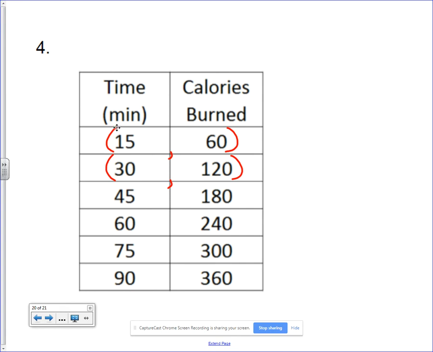Then I'm going to label it x1, y1, x2, y2. I'm going to write down my formula. y2 minus y1 over x2 minus x1.